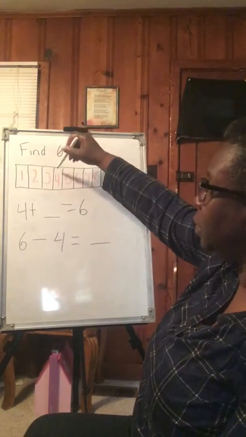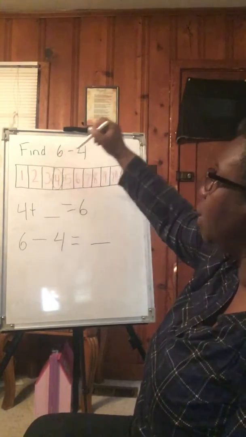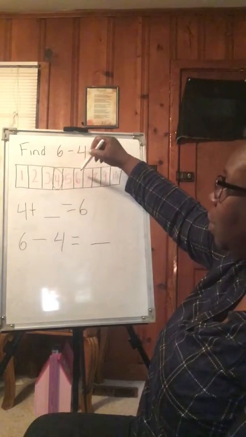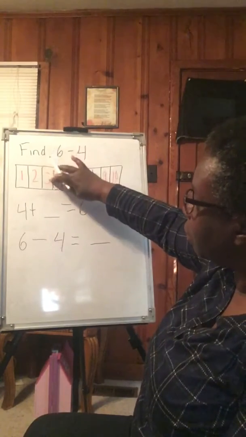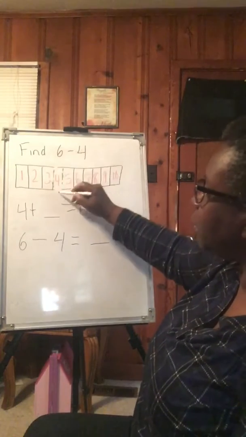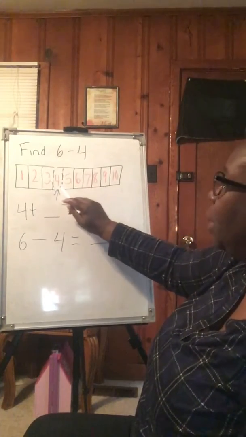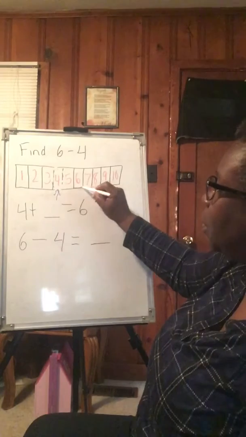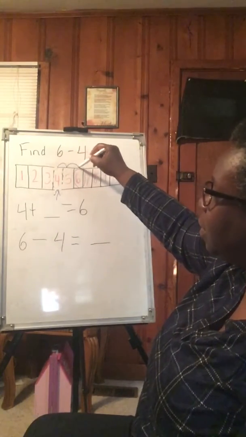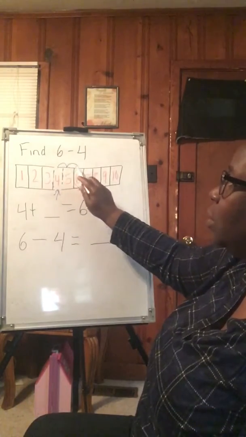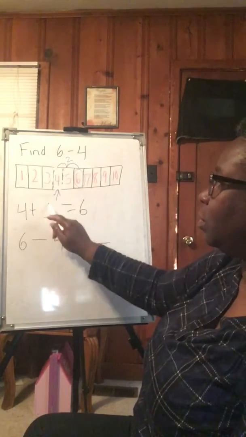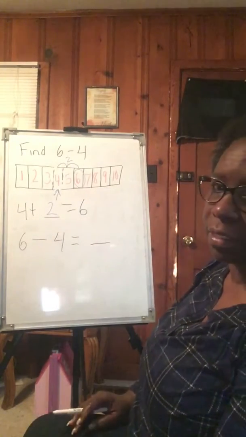So we're starting at our 4 right here, and we're going to have to go over to our 6. So this is where we're going to stop. So 4, 5, 6. We moved over 1, 2 places. So we know that 4 plus 2 equals 6.